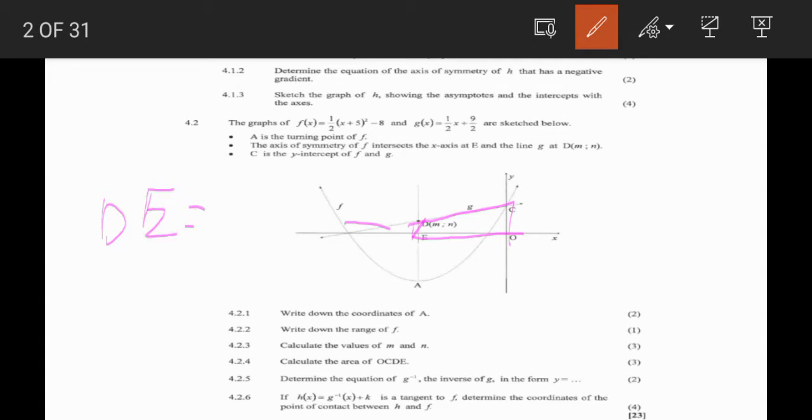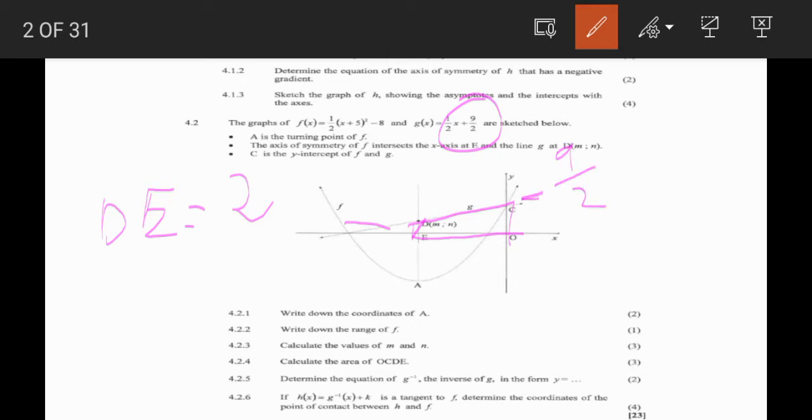Since we have concluded that n is 2, and from E it's 0, then DE must be 2 units. Then OC: C is the y-intercept of the line g(x). This is 9/2. Why?